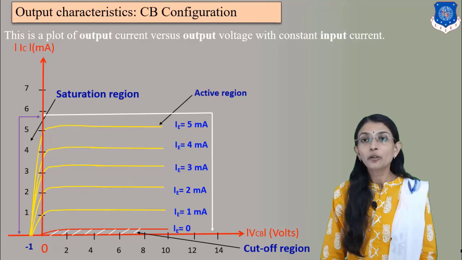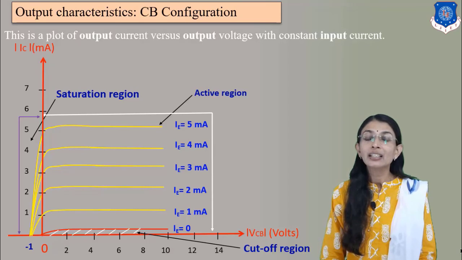Finally, in cutoff and saturation region, the transistor can be used as a switch, and when the transistor operates in active region, the transistor application will be as an amplifier.